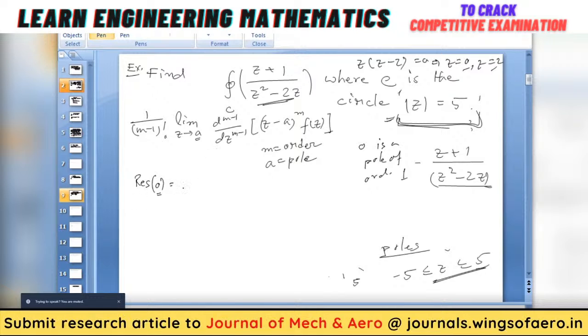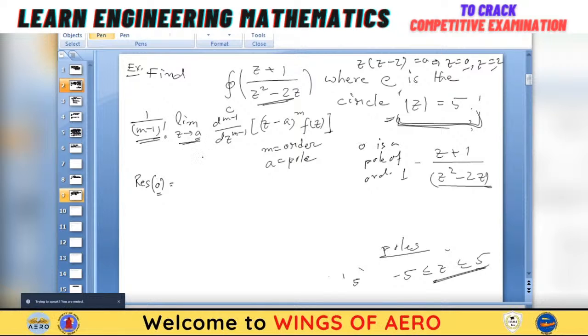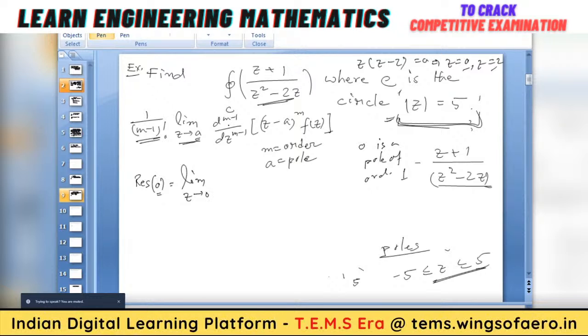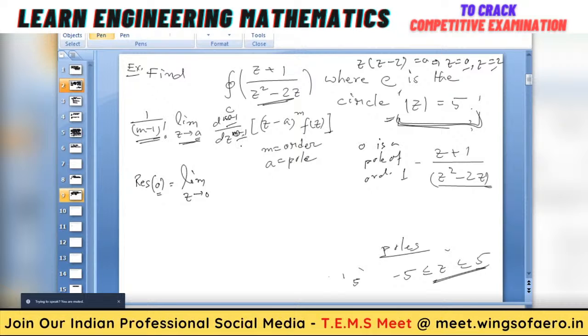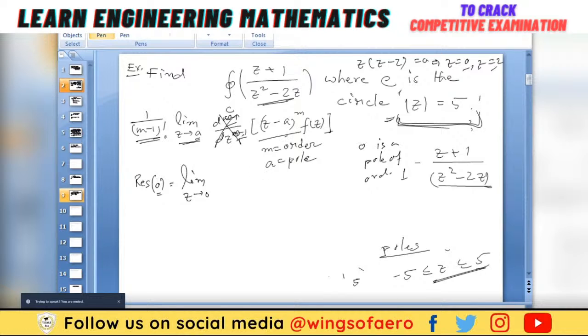So the residue at 0 is 1 by (1 minus 1) factorial. 1 minus 1 is 0, and 0 factorial is 1. Limit z tends to a means limit z tends to 0. d^(m minus 1) by dz^(m minus 1) means d^0 by dz^0, the zeroth order derivative, so there will be no derivative, only the function itself will be there.